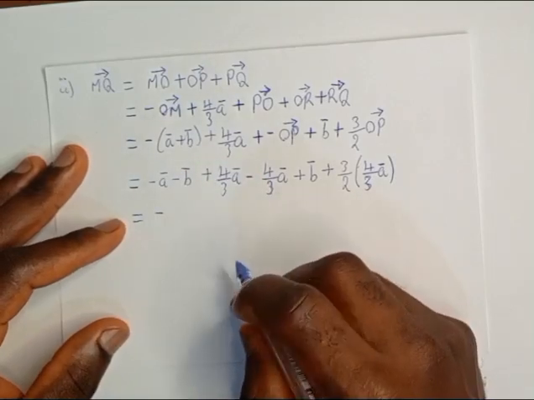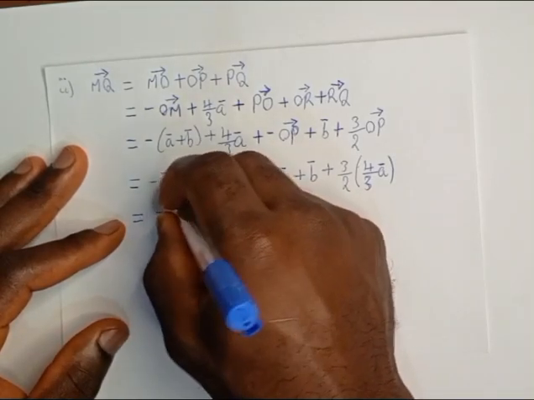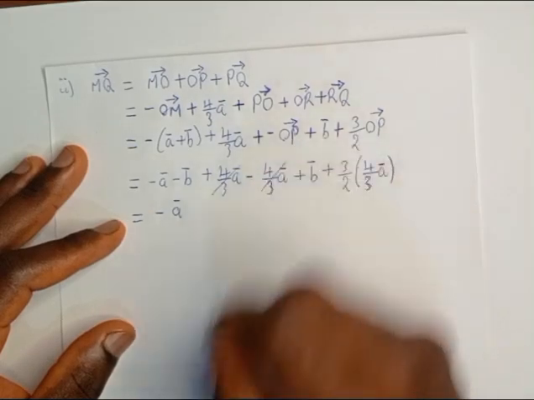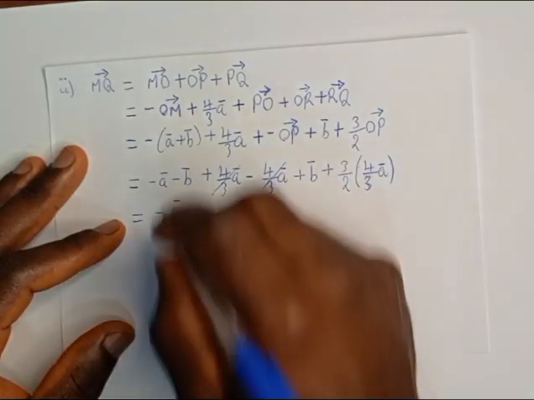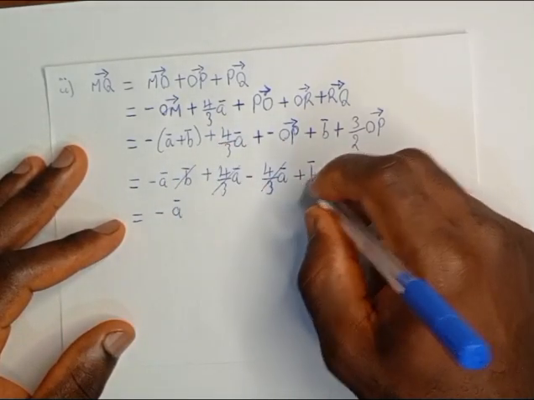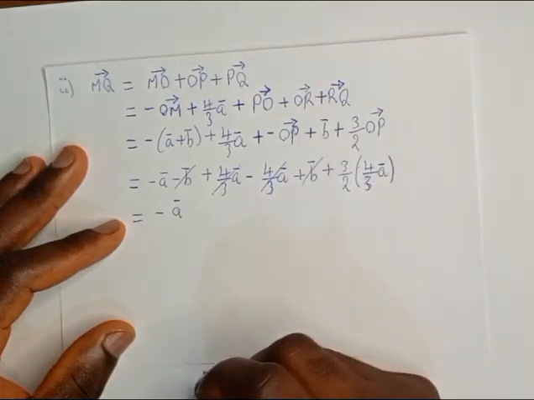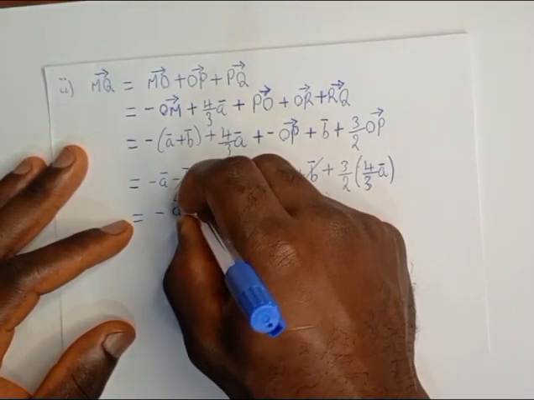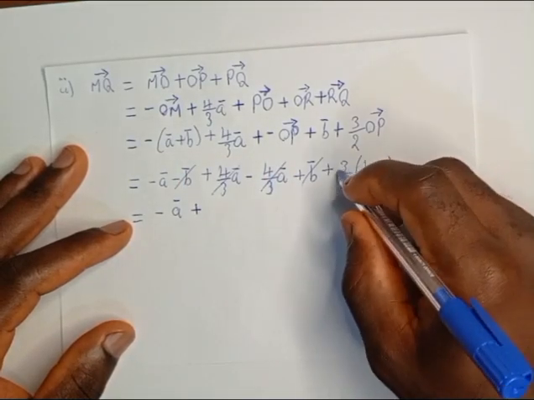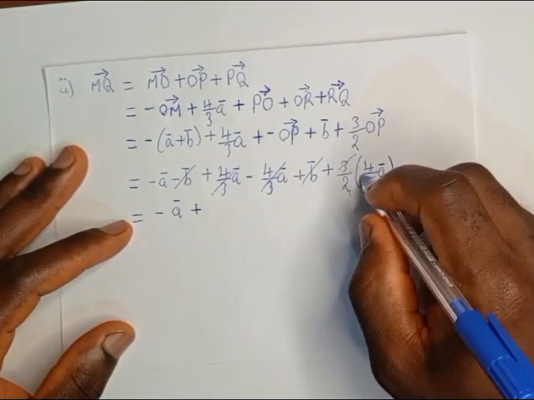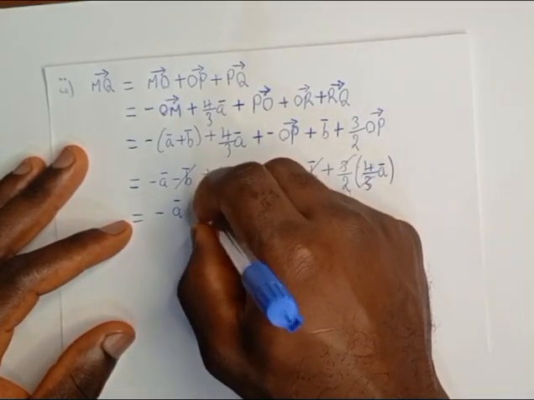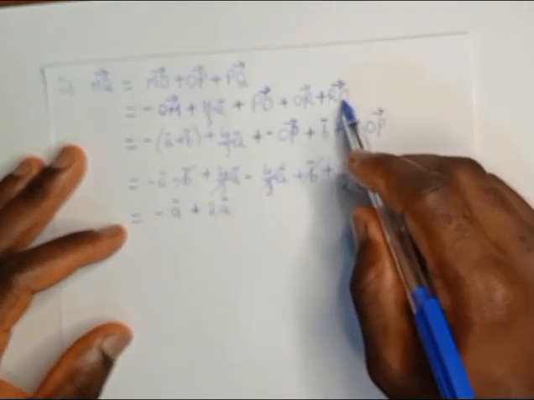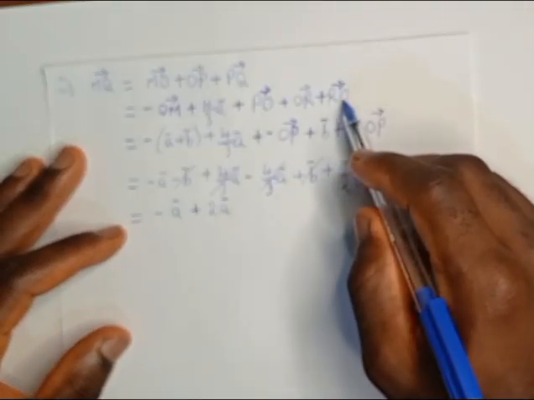So this will give us negative A bar. You see 4 on 3 A bar will strike off 4 on 3 A bar. Negative B bar will strike off with B bar. We'll be left with negative A bar plus, simplifying this, 3 will strike off 3, 2 way 1, 2 way 2, plus 2 A bar. But simply at this level, we can replace RQ with 2 A bar.